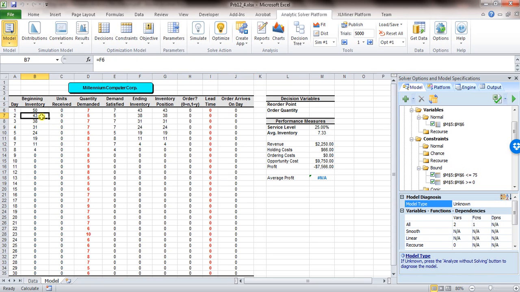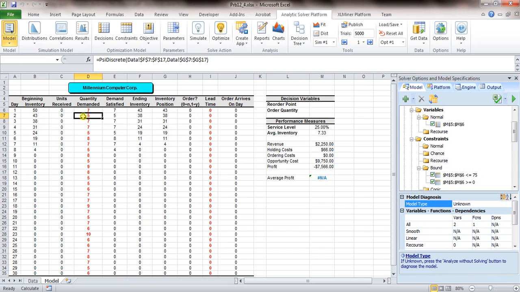If you look into the calculation of the second row, units received can be a previous delayed order arriving on the same day as another order. So you count how many times 2 is the day on which the order arrives, and then multiply it by the order quantity. You get the units received for that particular day.